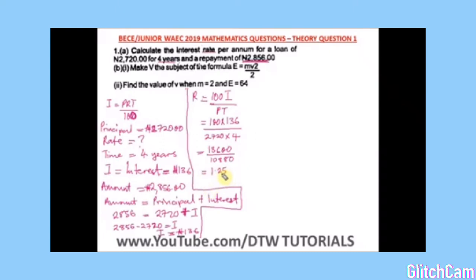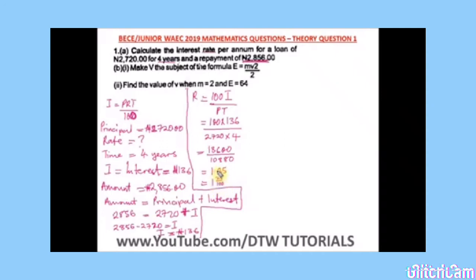But I would advise in your theory section, make sure you convert this answer to a fraction. In converting to a fraction, we have 1, and 0.25 means 25 over 100. I hope you remember how to convert a decimal to a fraction.